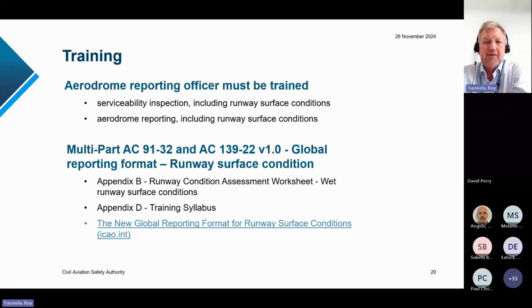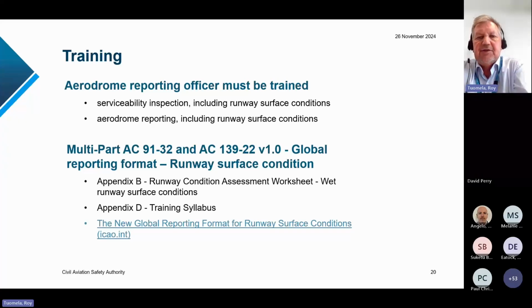The AC has links to the ICAO template for runway surface assessment and reporting, and we actually have a copy of that template for wet and dry runways in the AC, but you have links to the ICAO websites for the actual fillable PDFs if you would like to download them and put them in your aerodrome manual.